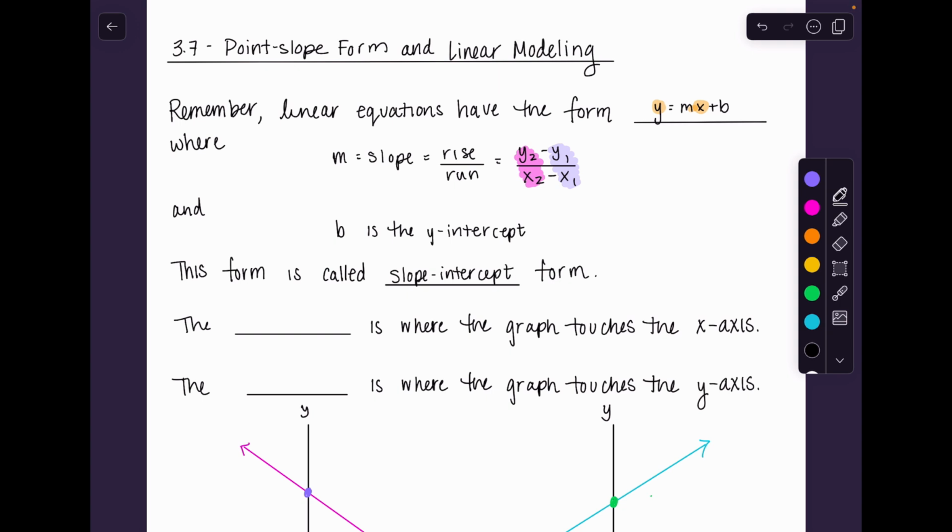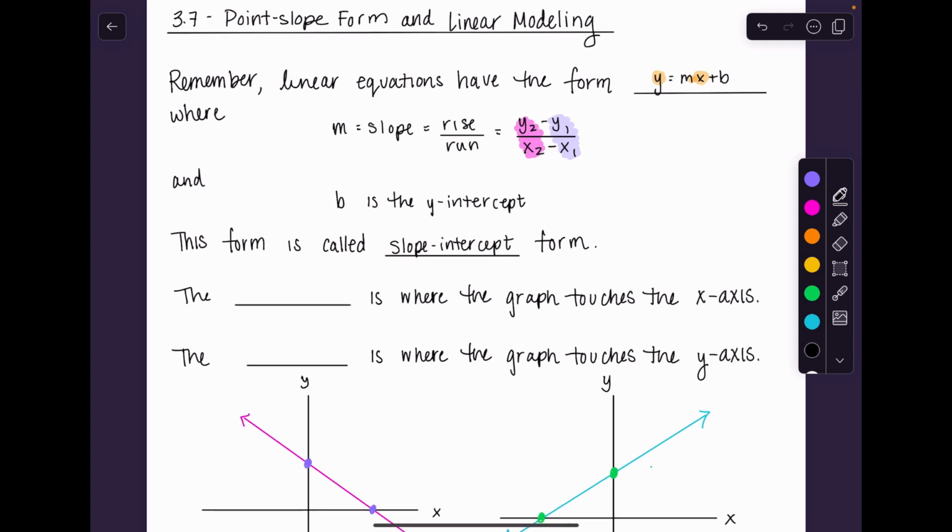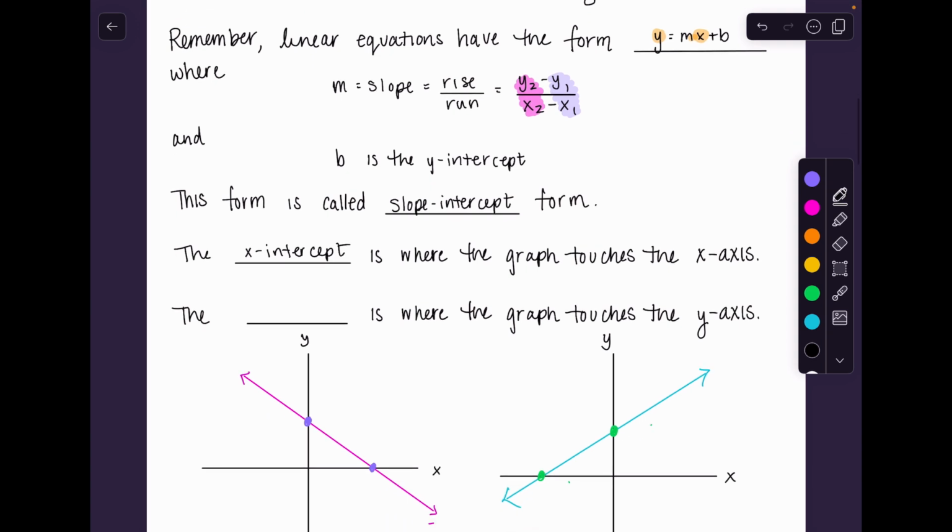And then just to refresh on what intercept means, it's just the point where you're touching that particular axis. So the x-intercept is where the graph is going to touch the x-axis, which is the one that goes across. And then the y-intercept is where the graph touches the y-axis.